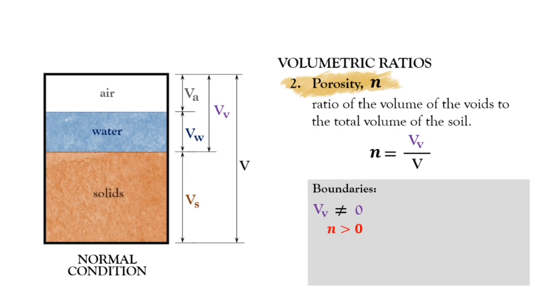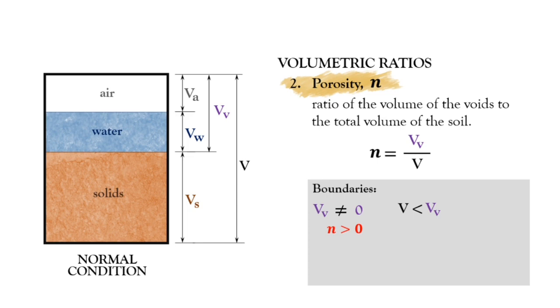How about the relation between the volume of the voids to the total volume? So umpisa natin, is it possible na yung total volume of the soil is less than the total volume of the voids? So kung titignan ninyo, yung total volume daw ng lupa ay mas maliit compare sa volume of the voids.